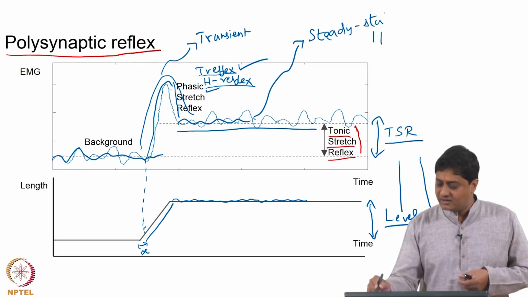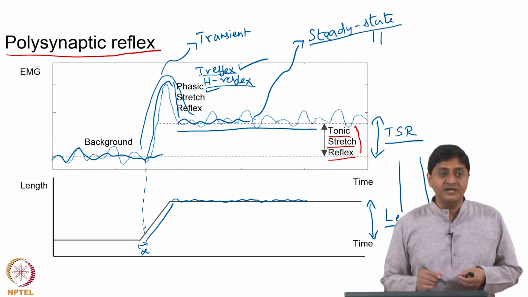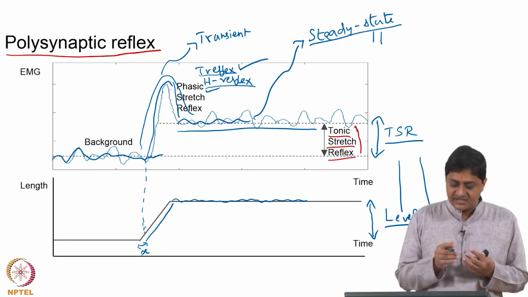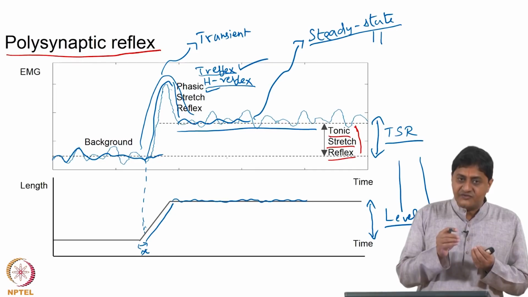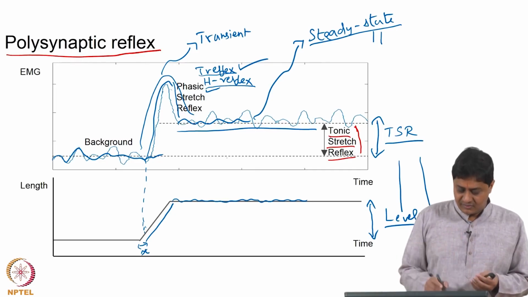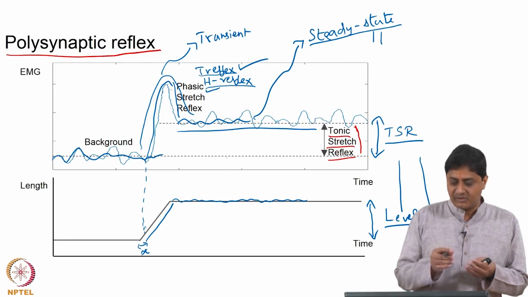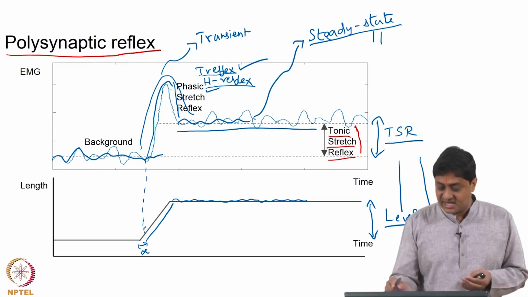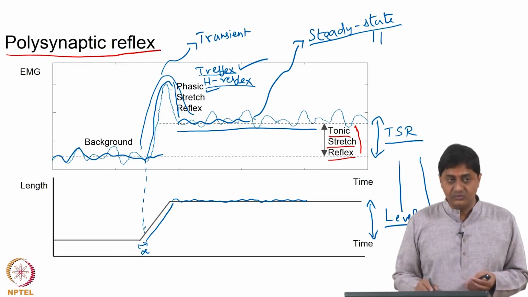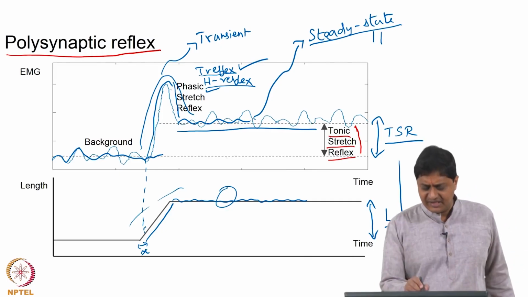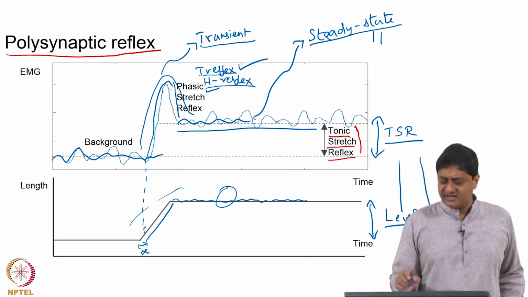This is what engineers would call a transient response, one that is going to last for a brief amount of time in response to a stimulus. But the steady state is due to other things, due to the level change, etc. So approximately this can be called a transient response and this can be called a steady state response.